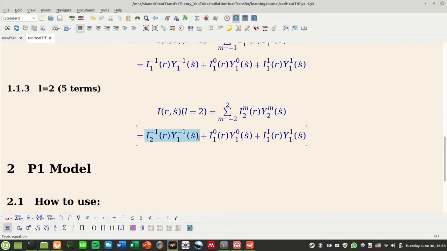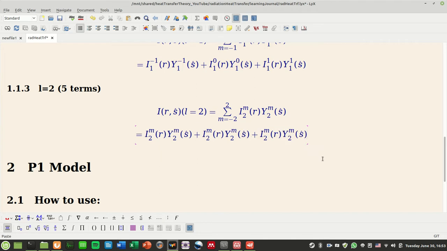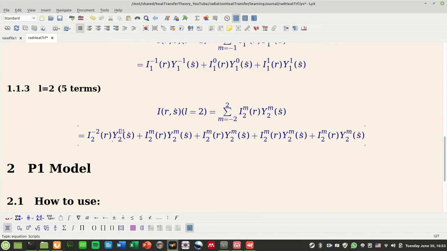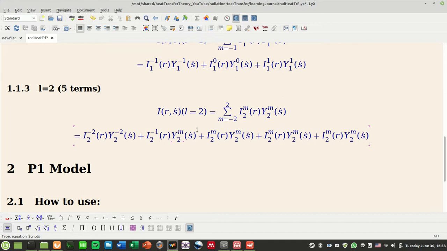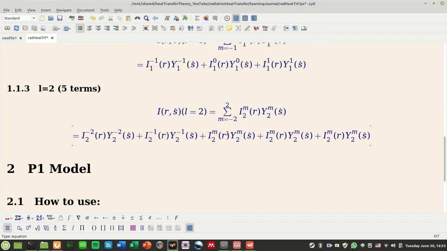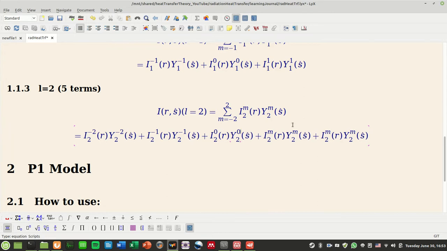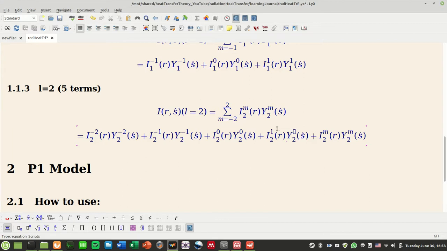So 1, 2, 3, 4, 5. We have M from -2, then -1, then 0, then 1, and then 2.